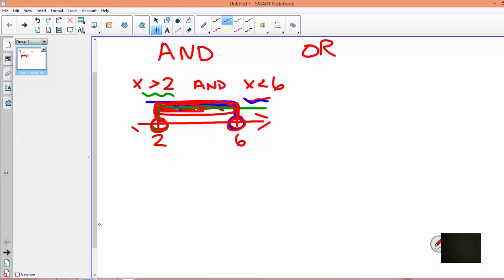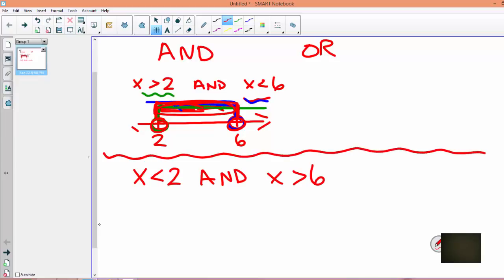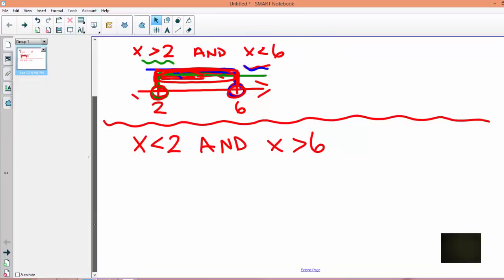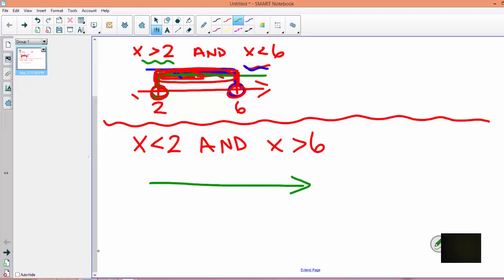So I'm going to write x is less than 2 and x is greater than 6. So I flipped both inequalities. This is a totally different problem. This has the word "and". So I'm going to make a number line. At 2 goes an open circle with an arrow to the left.